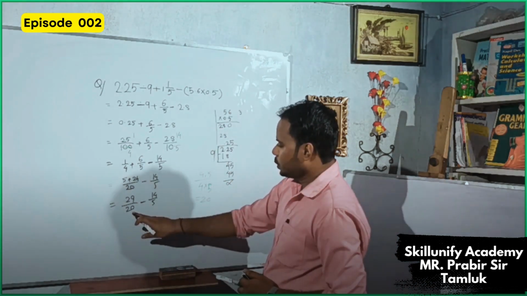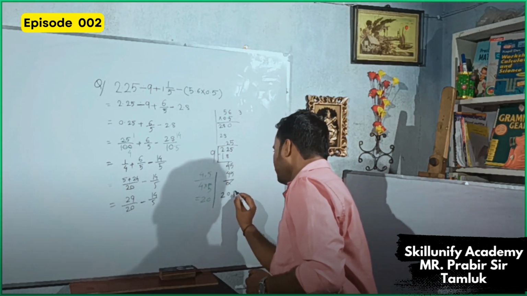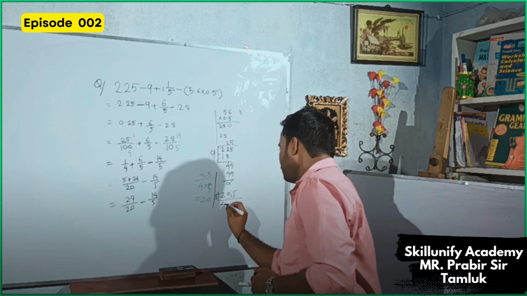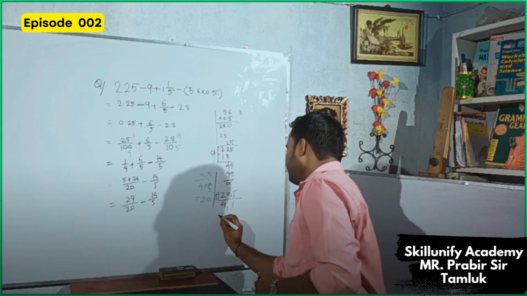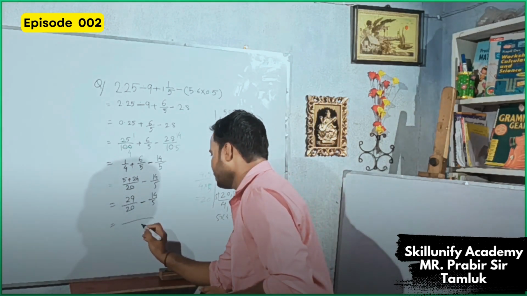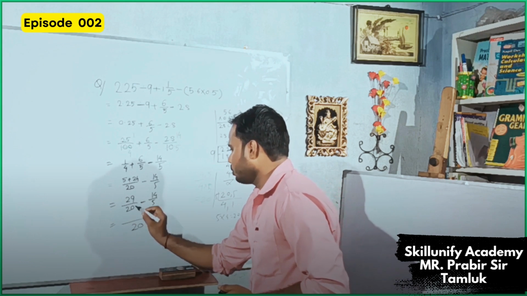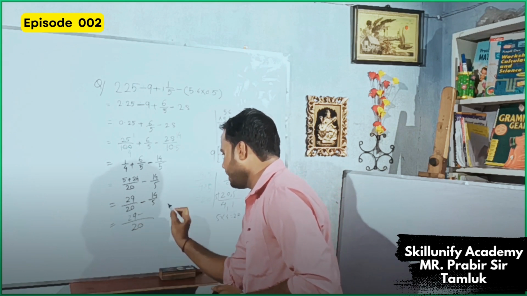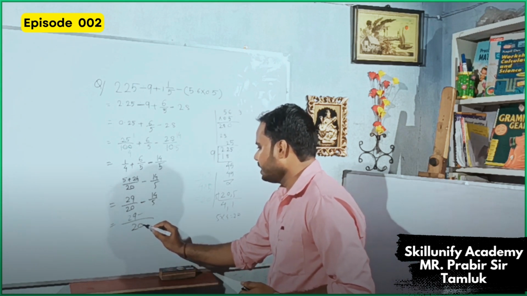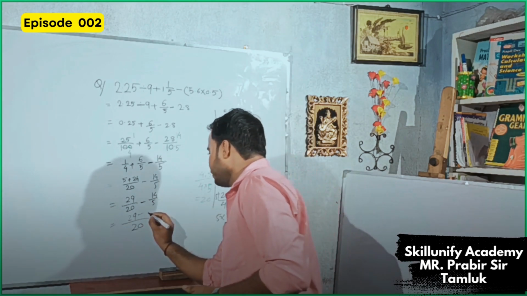Now I can take 20 and 5 for the LCM. 5 4 is 20, 5 1 is 5, and if I multiply 5 4, that is 20. So LCM is 20. 20 1 is 20, 1 29 is 29 minus 5 4 is 20 and 5 4 is 20, 4 14 is 56.